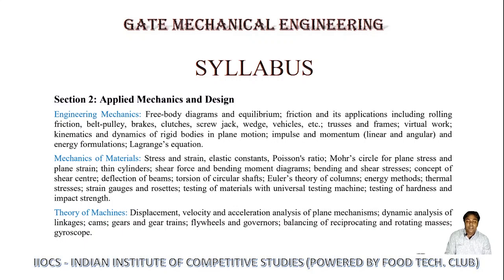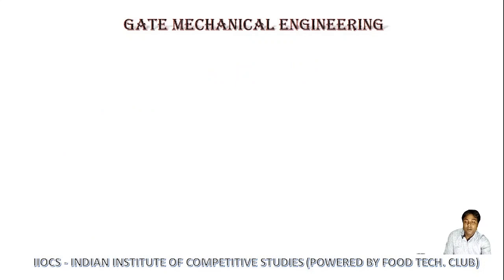Well, before knowing that, we need to know what is mechanics. We need to know the origin of the word mechanics. The word mechanics originated from a Latin word, mechanicus.